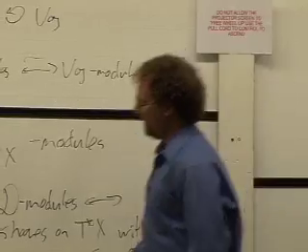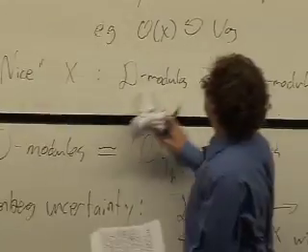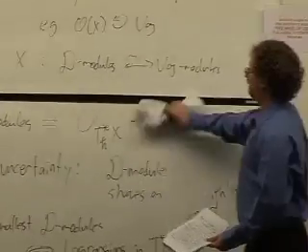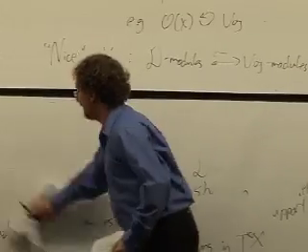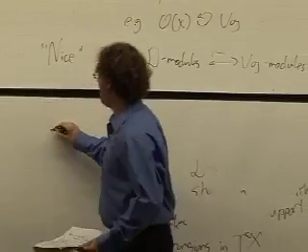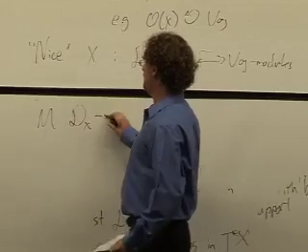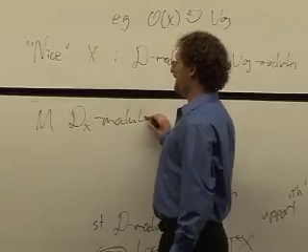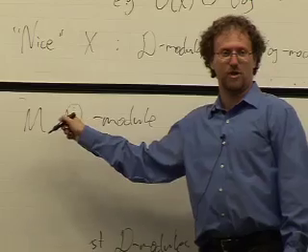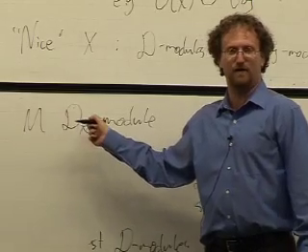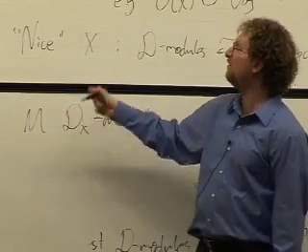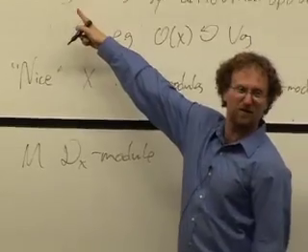Maybe one more sentence to add to that. If UG acts by differential operators, what is that good for? Well, if I give you a D module M, that means that I already know how to act on M by all differential operators. So in particular, I know how to act on it by these particular ones.